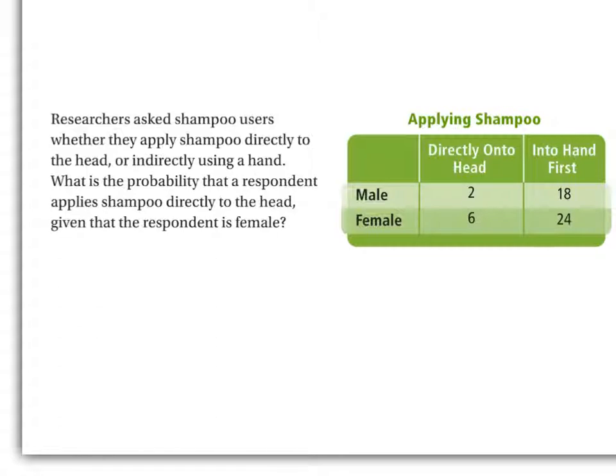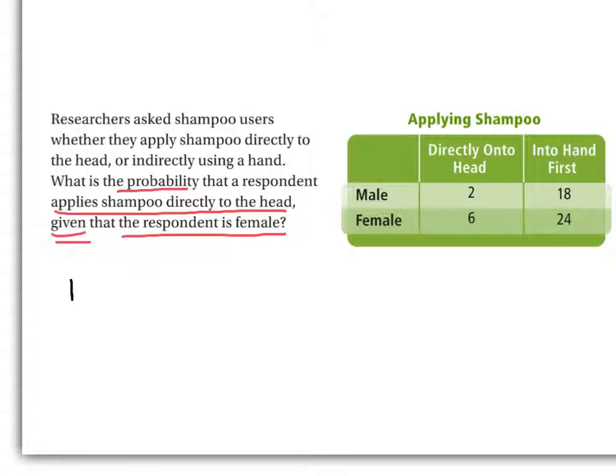All right. So, let's then find, they're asking us for the probability that a person will apply shampoo directly to their head, given that we're talking about females only. Okay?